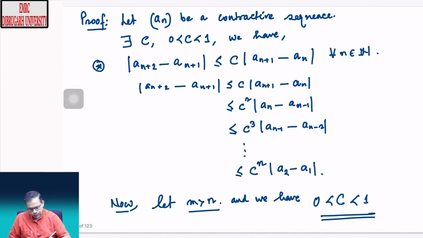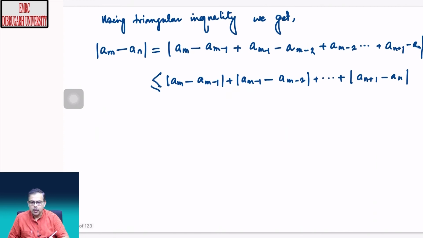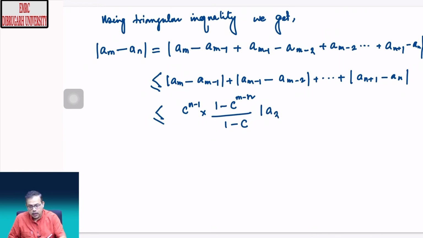Thus, using this result we have obtained here, we will get less than C^{n-1}(1 - C^{m-n})/(1 - C) multiplied by |a_2 - a_1|, and that is less than or equal to C^{n-1}/(1 - C) times |a_2 - a_1|.